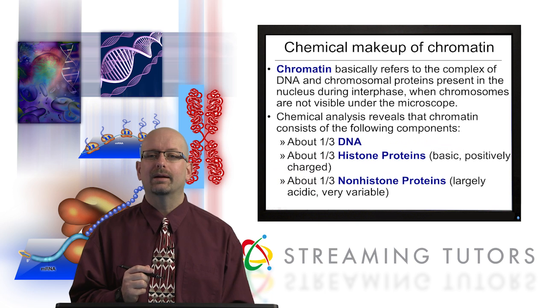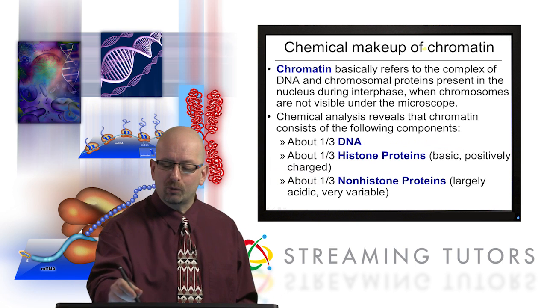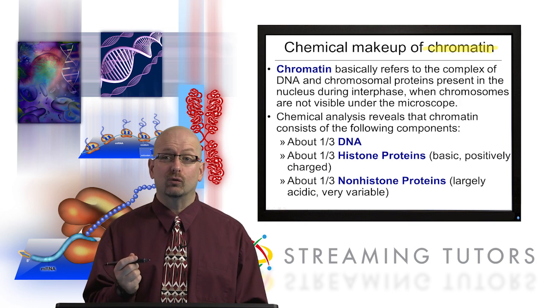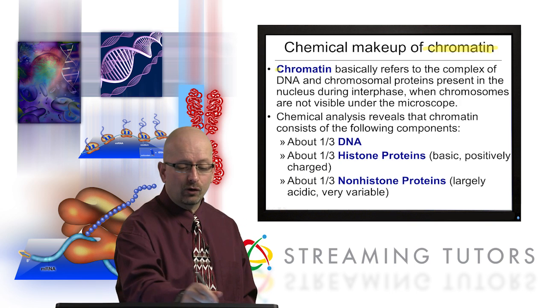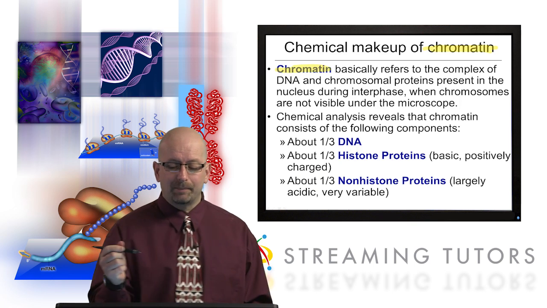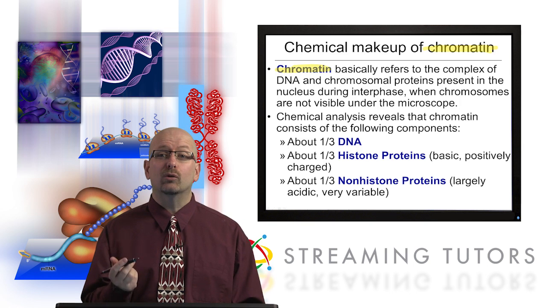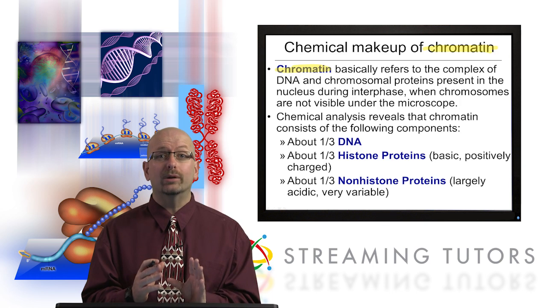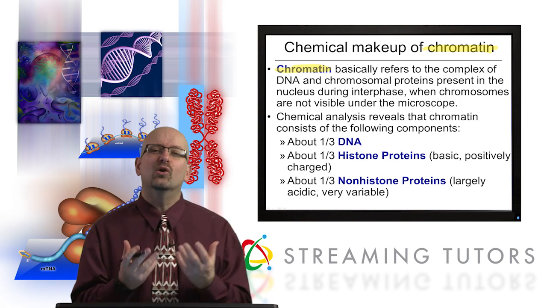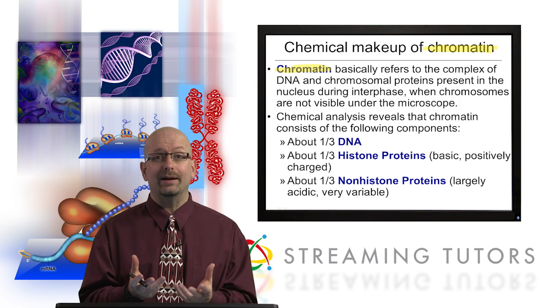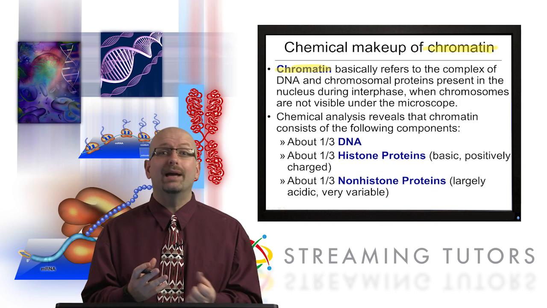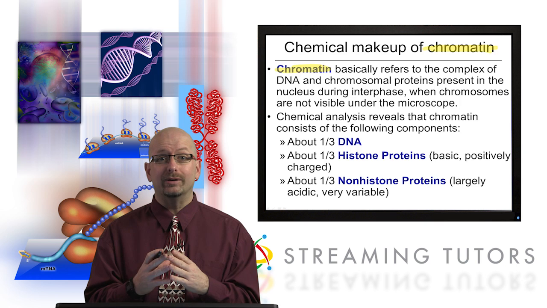Now, the term chromatin is one that you'll come across if we haven't come across it already. Chromatin refers to the complex of DNA and chromosomal proteins that are present in the nucleus and, very importantly, during interphase. So if you look at a cell during interphase, the nucleus in general will stain darkly, but you won't be able to see the chromosomes individually.